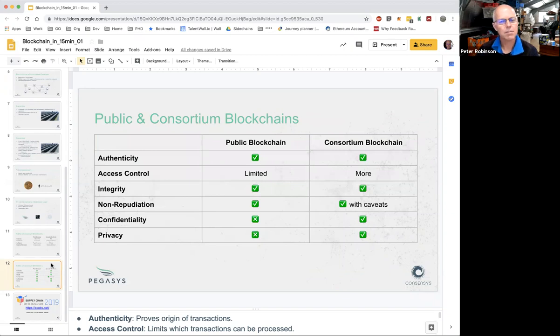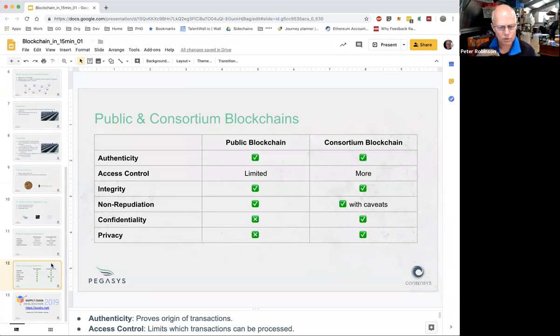In public blockchains, you can limit which accounts can call Solidity contracts by implementing that business logic to say, I'm only going to accept transactions from certain accounts. Whereas in consortium networks, you tend to have a lot more access control features.